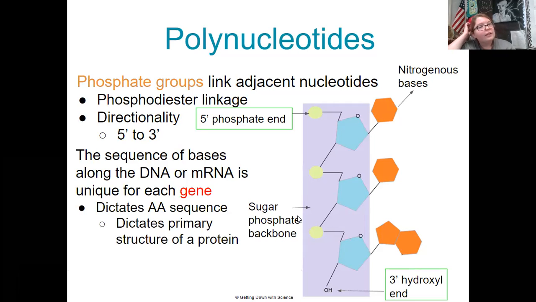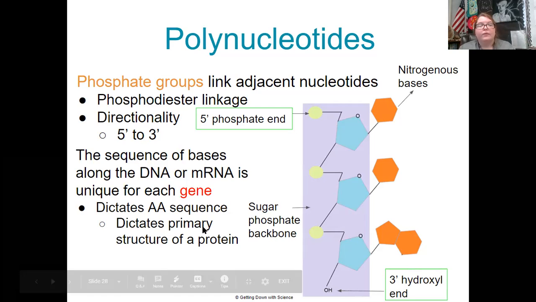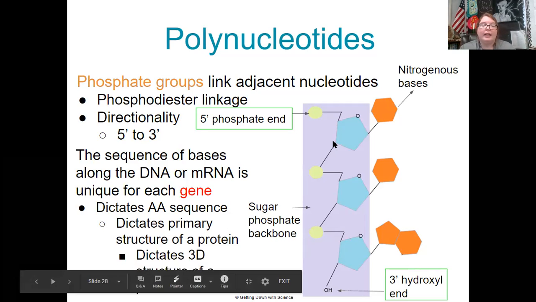Okay, the sequence of bases along the DNA or mRNA is unique for each gene. So that's how we make genes, is the sequence of those bases. So if you see the letters, those letters are referring to the bases because everything else is the same. So this is going to dictate the primary structure of a protein.